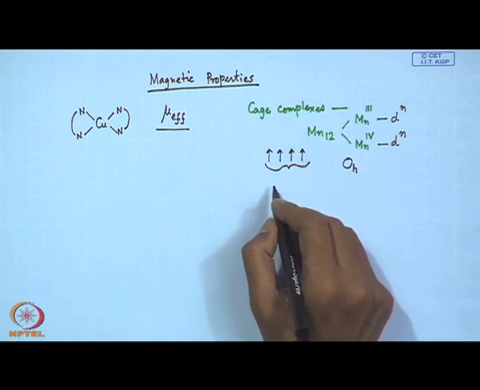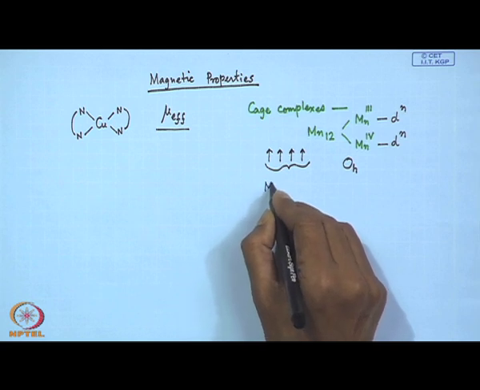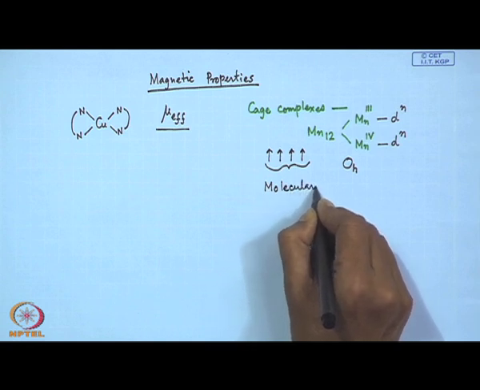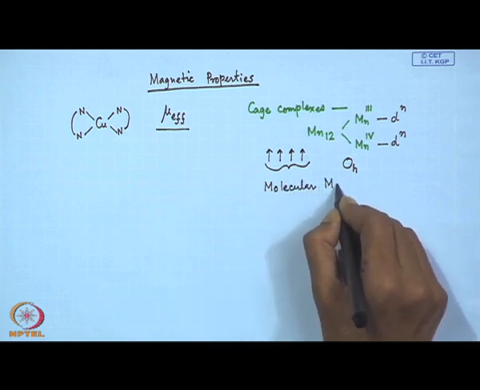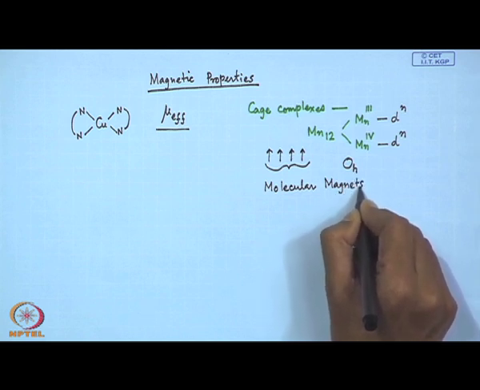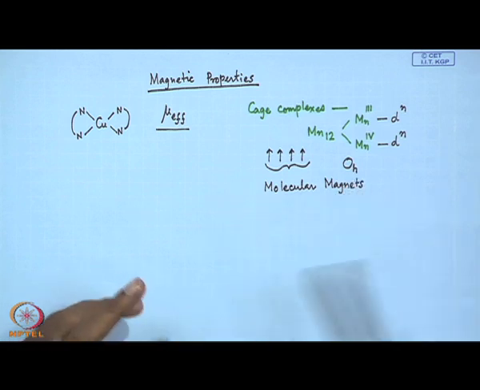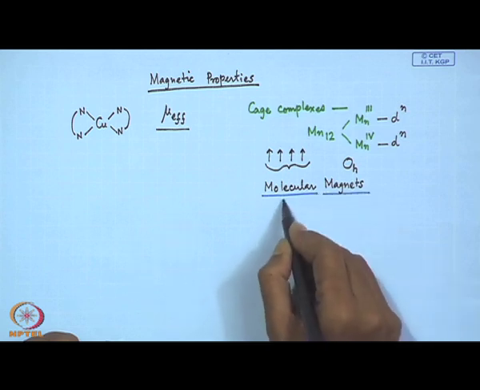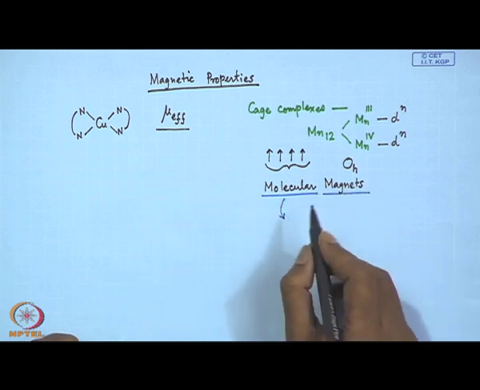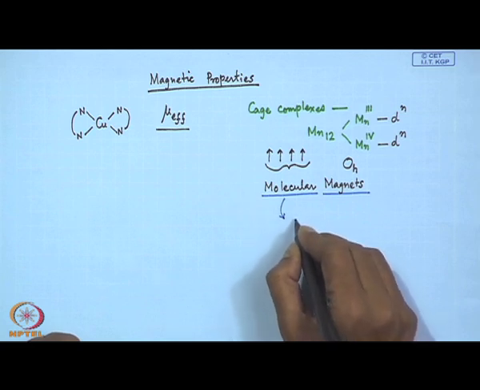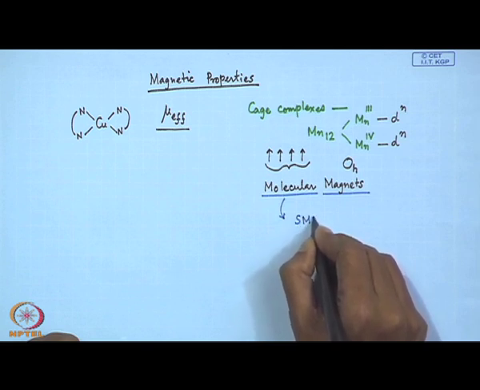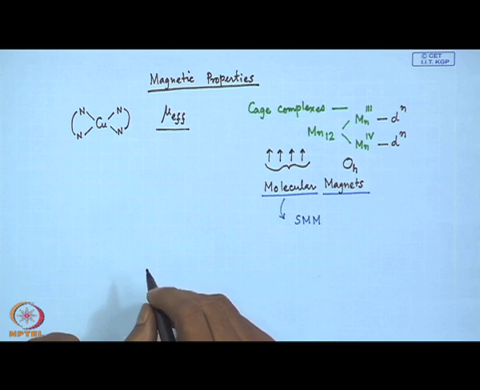Here we see that we have the molecule, so we can consider them as molecular magnets. These molecular magnets are a very interesting and exciting area nowadays, because this gives rise to 2 or 3 different branches when a particular single molecule can function as a magnet with some characteristic and interesting property.